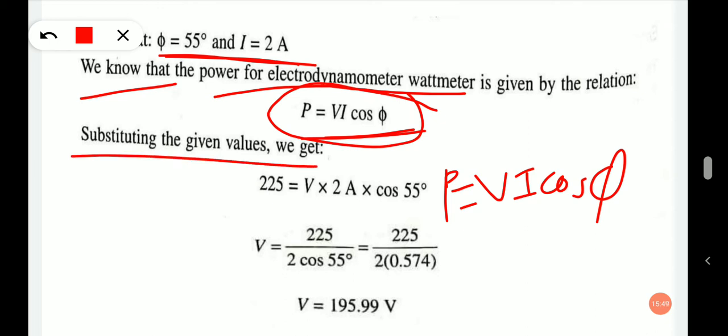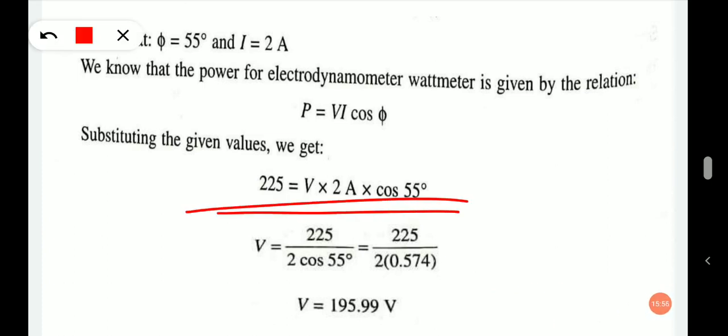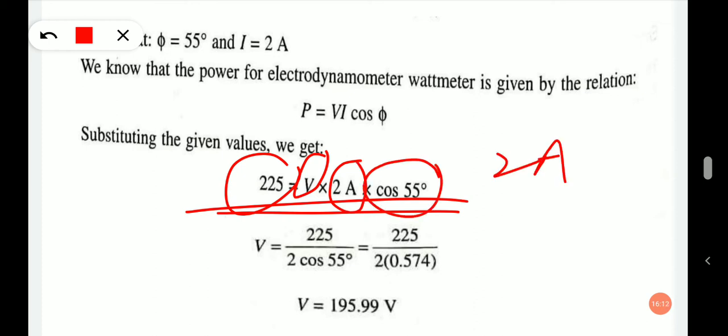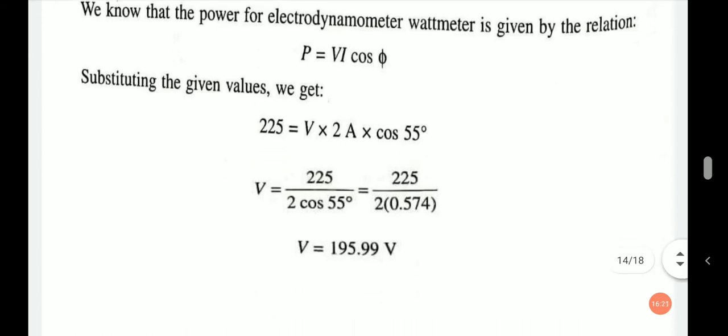If we substitute the given values, P is 225 watt, and on the right side, I is 2 ampere, and cos phi is cos 55 degrees, that is the phase angle.